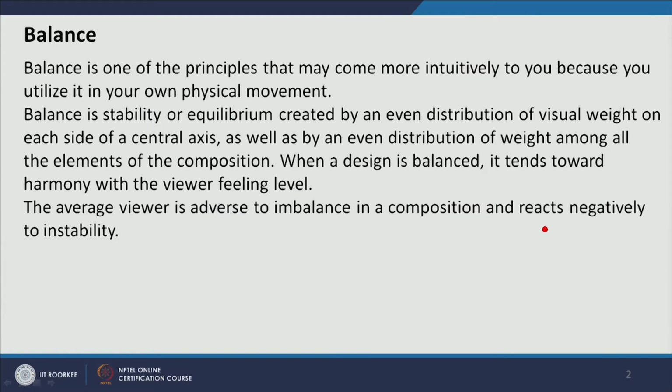Balance is one of the principles that may come more intuitively to people, because we all physically practice that. Balance is a stability of equilibrium, which can be created by the distribution of various elements of design. So we have the elements of design in one hand, and by assembling them with permutation and combination, we can create balance in a visual composition.